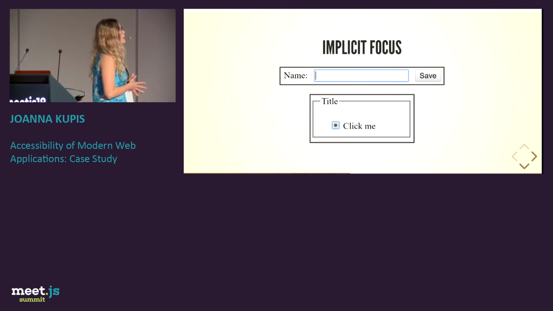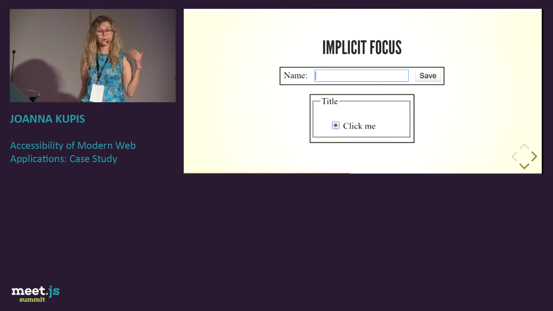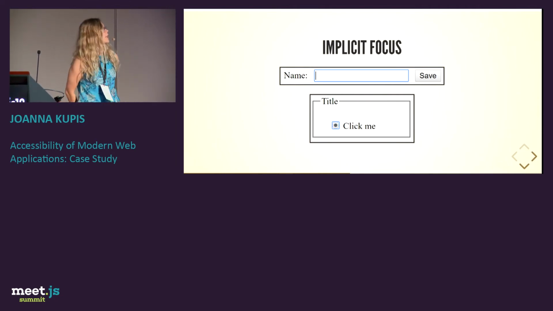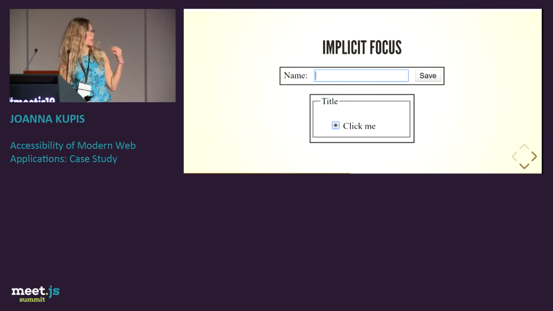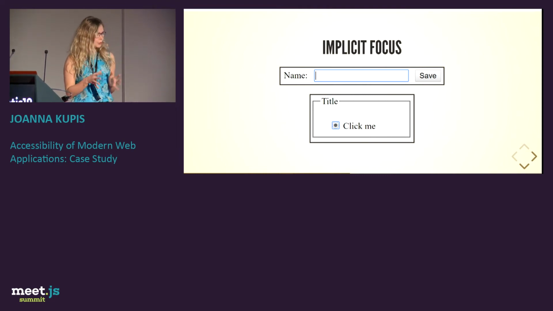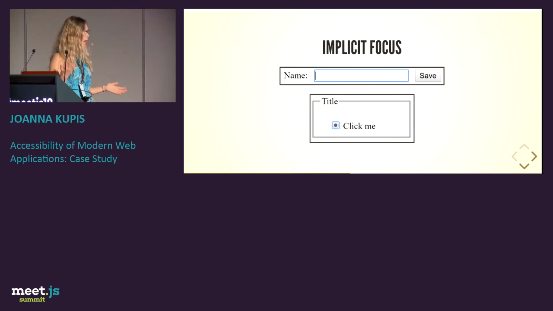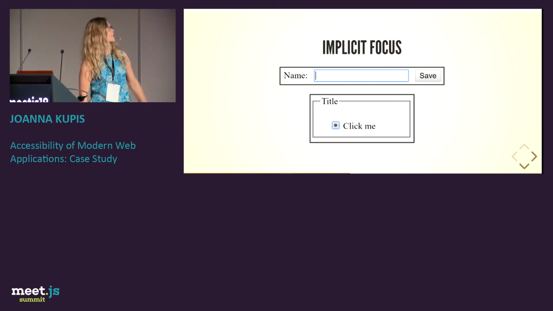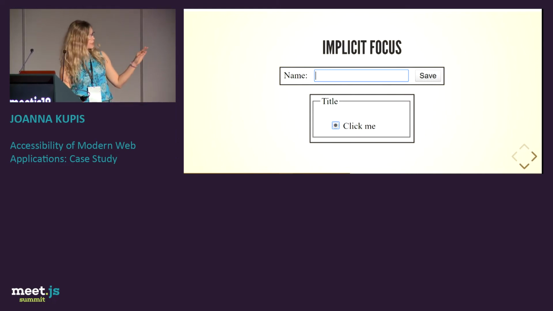The first thing you can get for free by using the native elements is focus. As you can see, the buttons and the inputs with different types have the focus already built in. We will go through an example of how we can make a custom button accessible, but here, just a reminder that native ones have it.